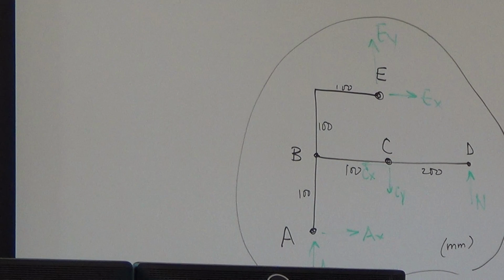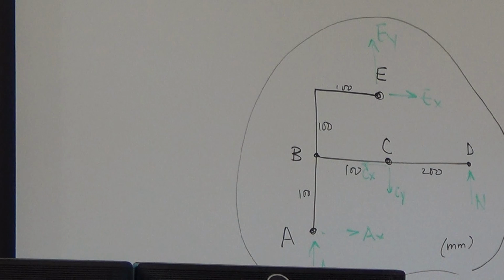Okay, Kyle, next. How about another equation that we could use to find another one of those unknowns? Pass. Okay. Rachel? I could do the sum of the moments around point D in the total one. Okay, so pick the total free body diagram and do sum of the moments about D. And what's that going to enable us to find?